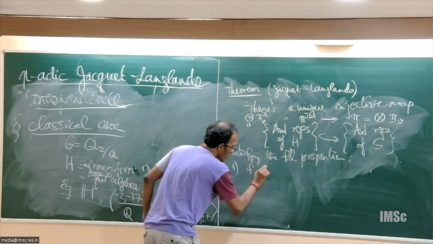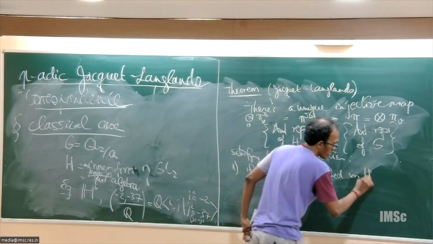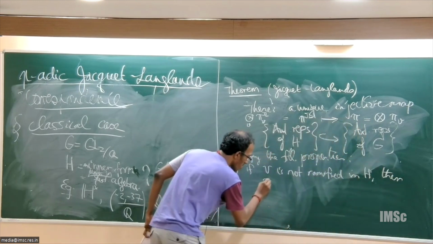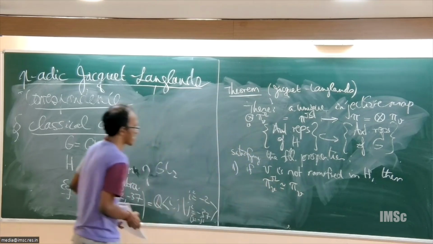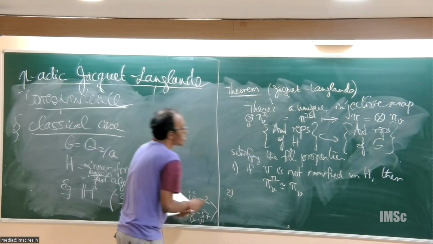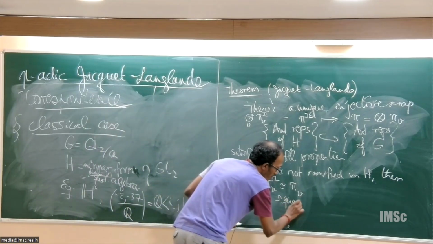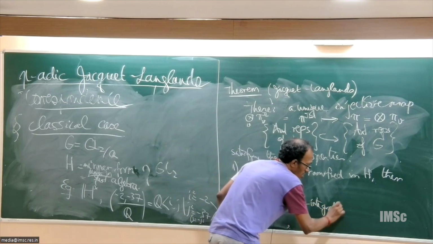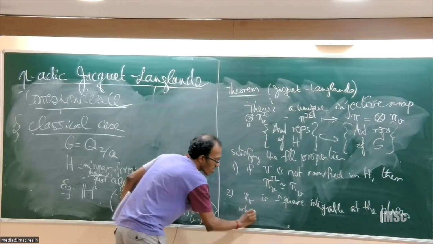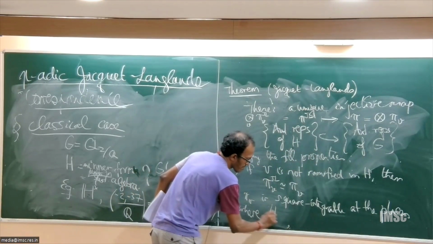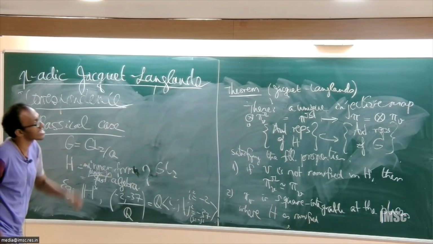So if v is not ramified in H, then pi Jacquet-Langlands of v should be isomorphic to pi v. The group hasn't changed after all, so we expect the same local component. And pi v is square integrable at the places where H is ramified. So these are the two conditions that characterize the correspondence.